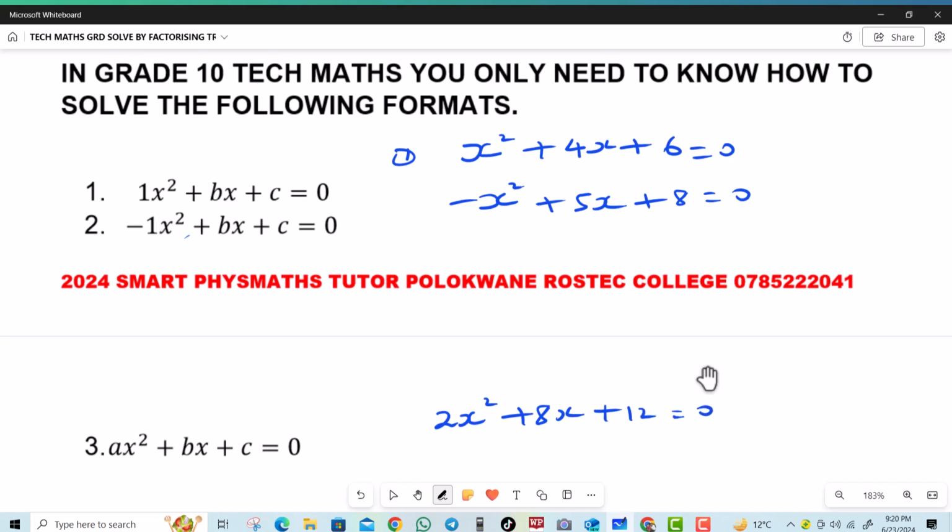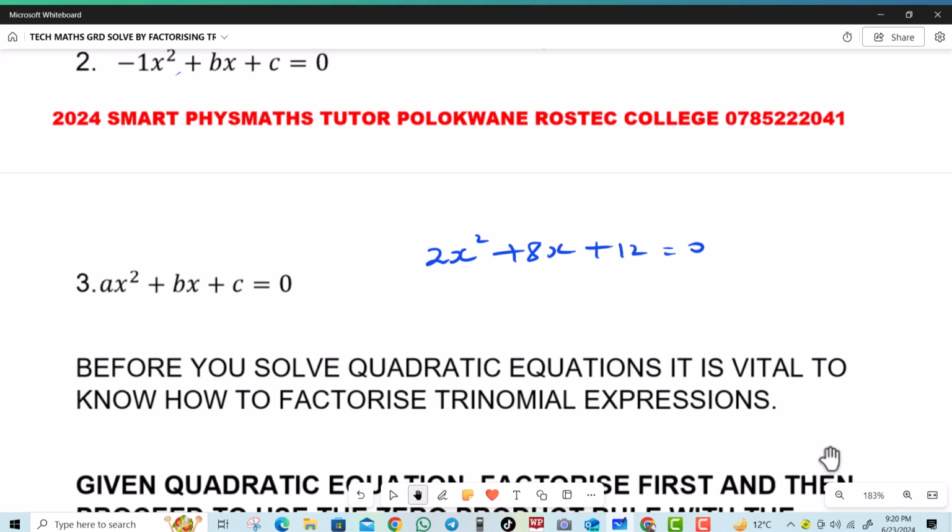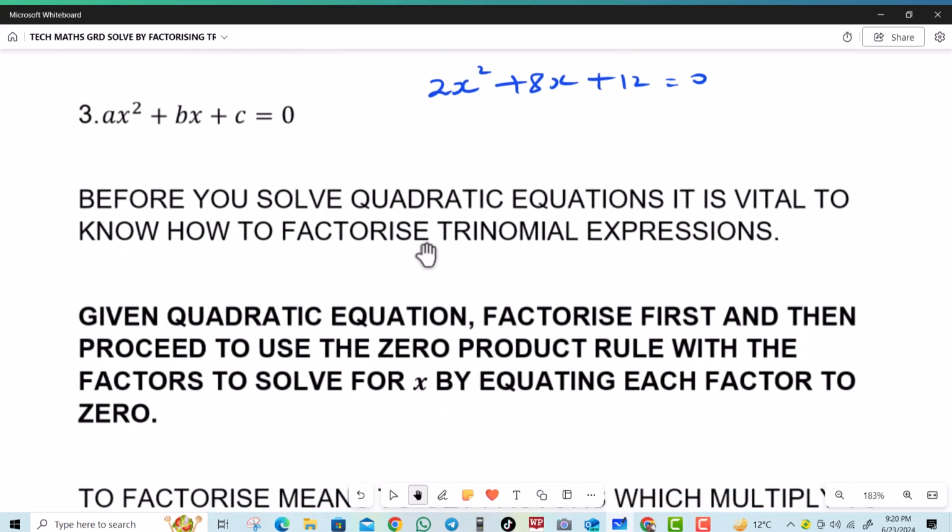So these are the forms you're going to learn how to factorize in grade 10 technical mathematics. But before we solve, we must know how to factorize.